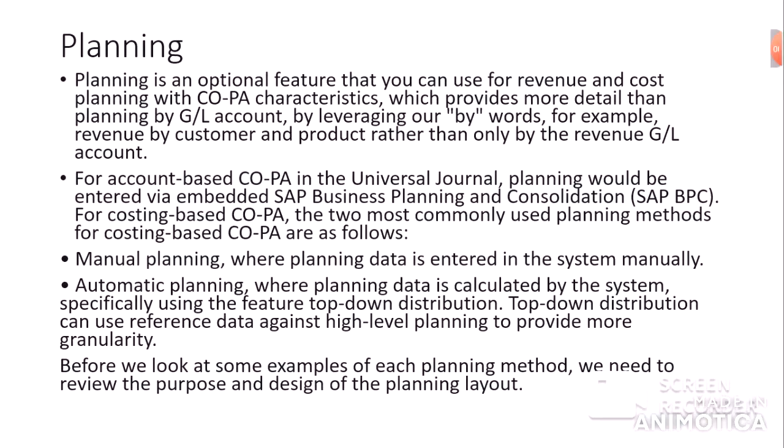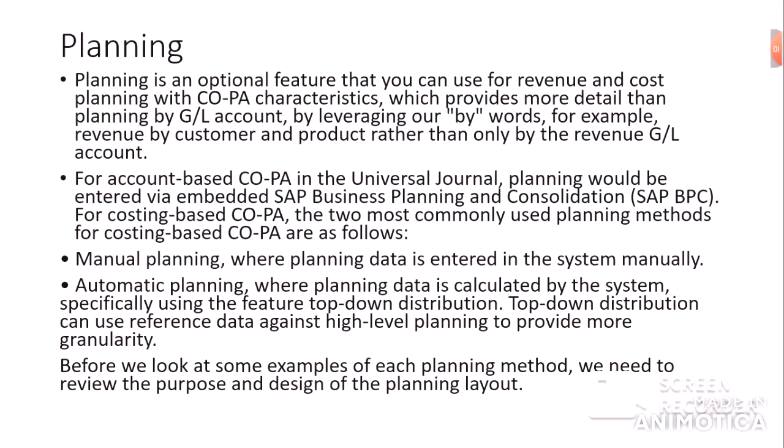Manual planning, where planning data is entered in the system manually. Automatic planning, where planning data is calculated by the system, specifically using the feature top-down distribution. Top-down distribution can use reference data against high-level planning to provide more granularity.